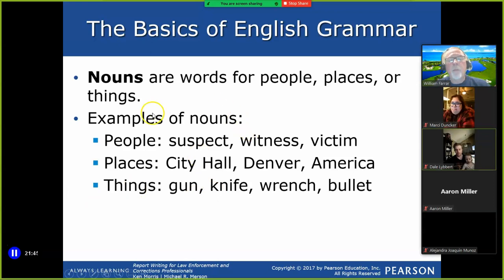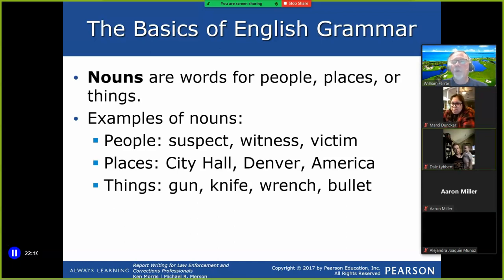An example would be if we look at nouns. I'm not going to go through the whole English lesson on what a noun is, but a lot of times we tend to capitalize things that maybe we shouldn't capitalize. Almost everybody I know, whenever they write the words police officer, they capitalize it.